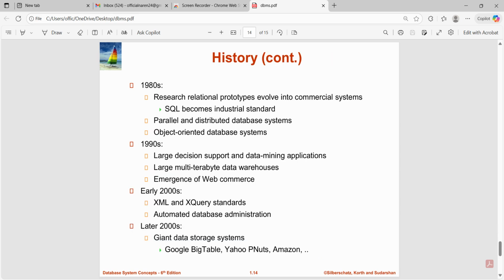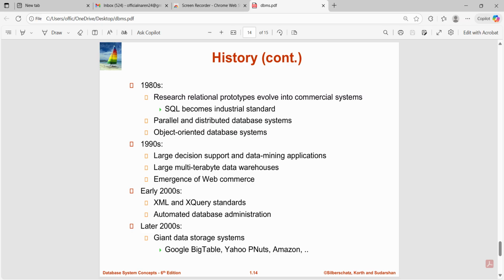In the 1980s, research-oriented relational prototypes were used for commercial purposes, and object-oriented database systems flourished. In the 1990s, when websites and the internet were introduced, there was a large need for data warehouses. Large multi-terabyte data warehouses were stored, and in the early 2000s, automated database management systems were introduced.